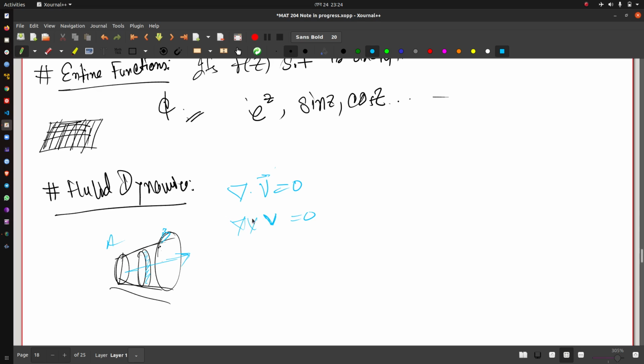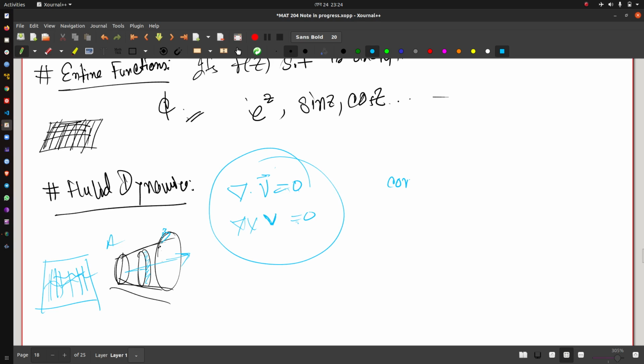Also, we are thinking of this whole setup as a two-dimensional setting. So instead of drawing the cylinder, I should have drawn a plate like this, where the fluid is moving. You can incorporate these two pieces of information, that means the flow of the fluid, into something called a complex velocity potential.